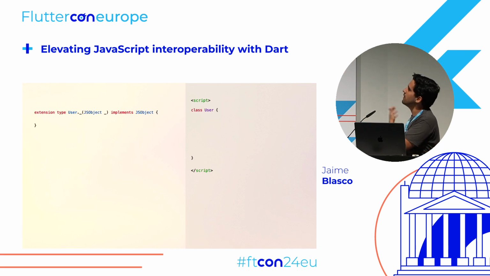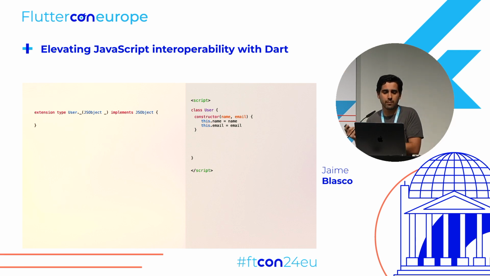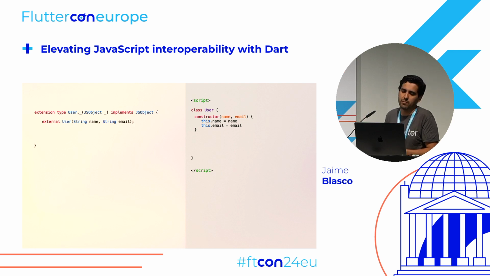Let's see, imagine we have in JavaScript, we want to create a constructor. So we pass two parameters that are assigned to name and email local properties. If we want to do the same for our interface here in Dart, we'll have to do something very similar. We'll create our constructor for the type extension that will pass two positional parameters, name and email, and then again we have to define that it is coming externally because the initialization is happening in JavaScript.